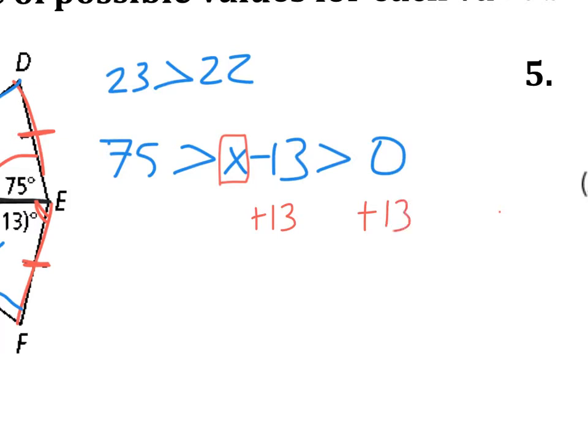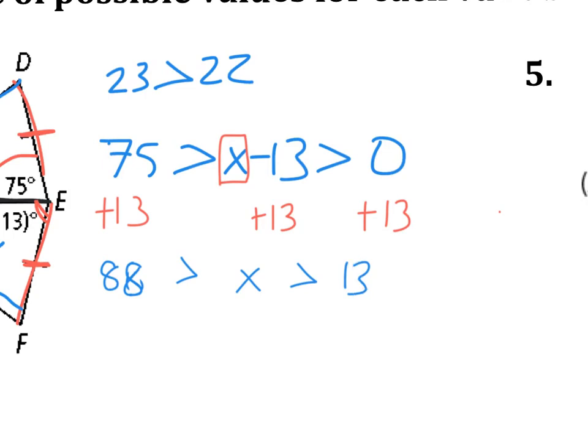And when I say both sides, I need to say all sides. So I'm adding 13 all across the board here. So now, in the end, this is 86, 87, 88. I just tricked you. Oh, 88 is greater than x, which is greater than 13. So what's my limit? X cannot be 88, so it's everything between 13 and 88.